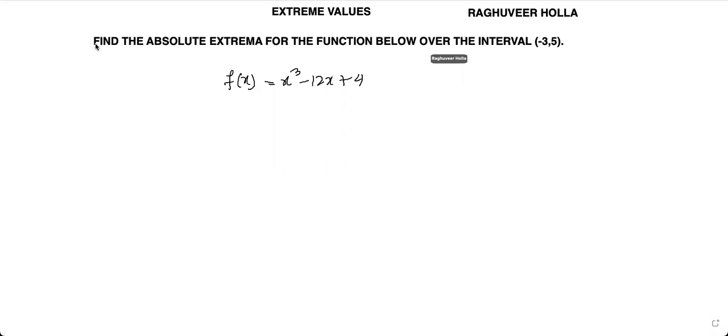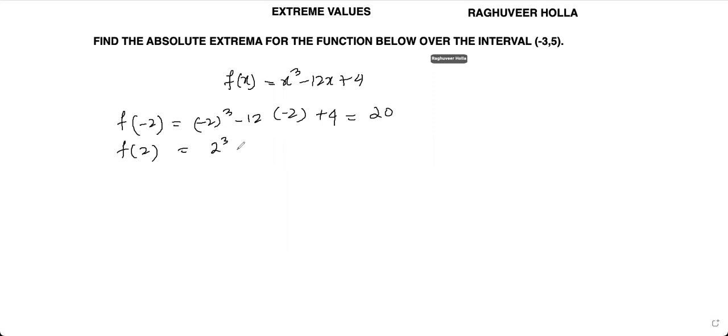Now f of minus 2 in this function: minus 2 whole cube minus 12 into minus 2 plus 4, which is equal to 20. And f of 2 is 2 cube minus 12 into 2 plus 4, which gives us minus 12.